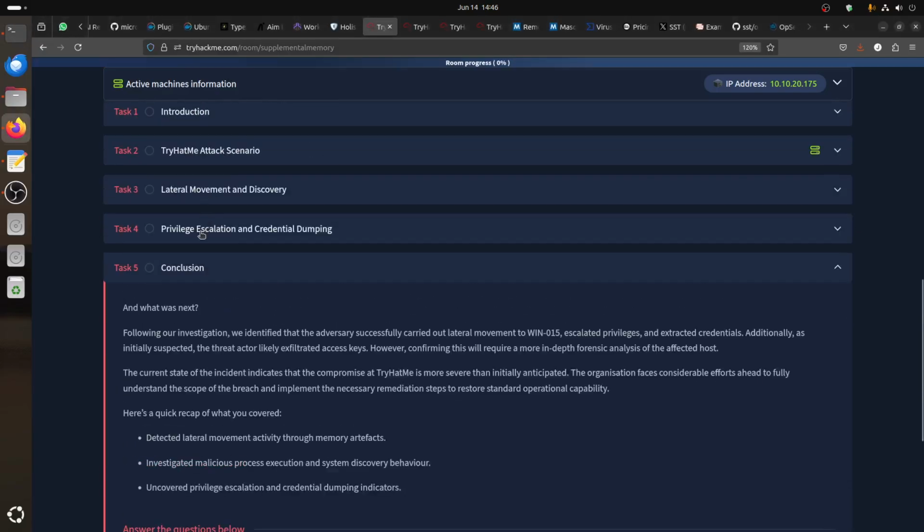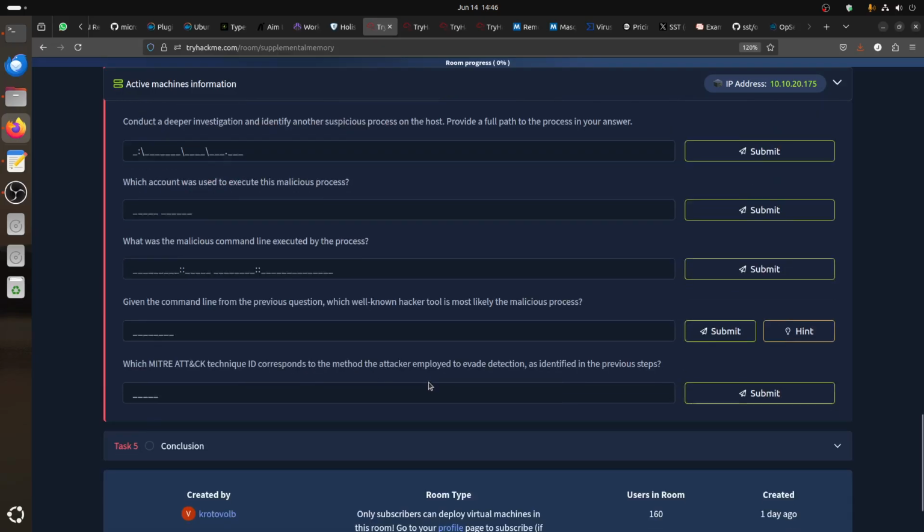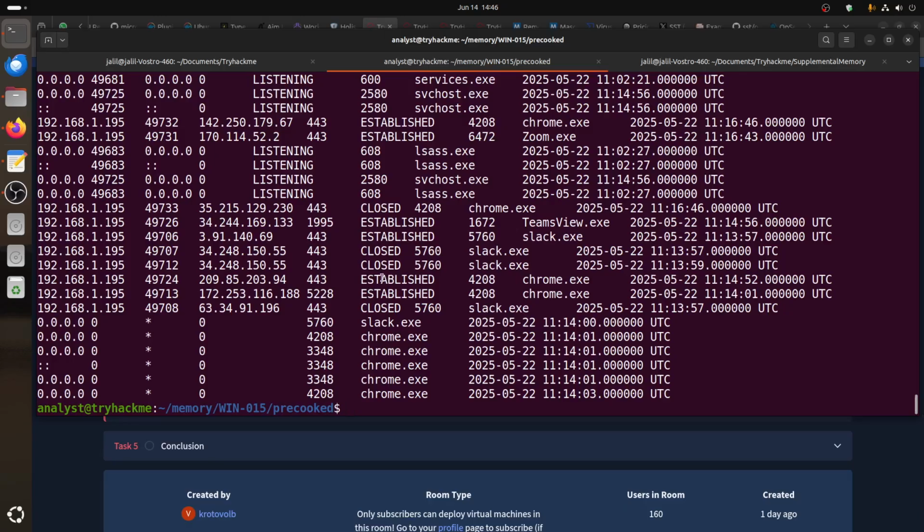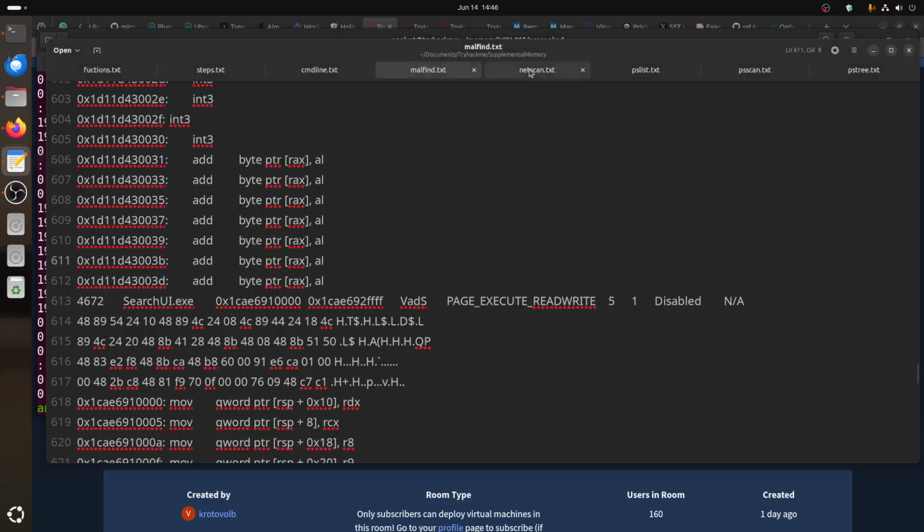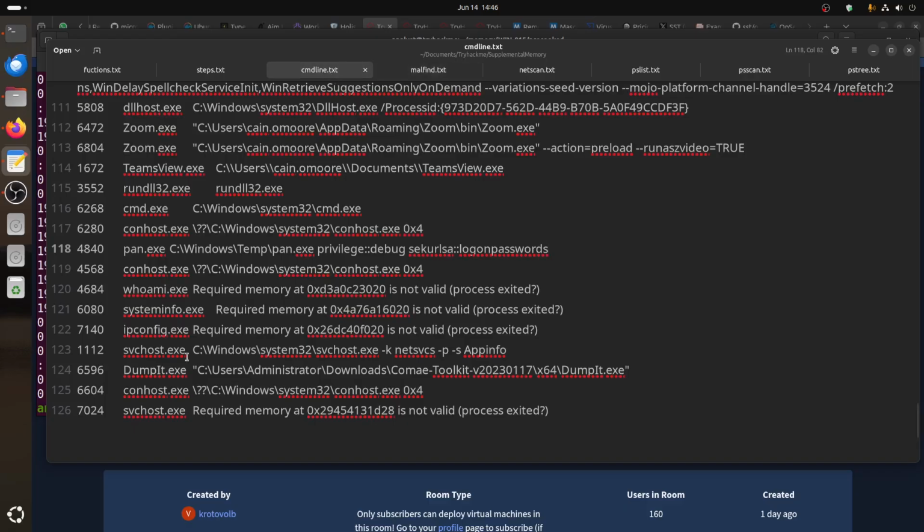Before we go to the conclusion, we didn't finish the room. So we know it's that pan process, and they ask which account was used to execute this malicious process. No, that's straightforward. We can do the same as we did before. What's the process ID of that pan process? You can see it here. The process ID is 4840.